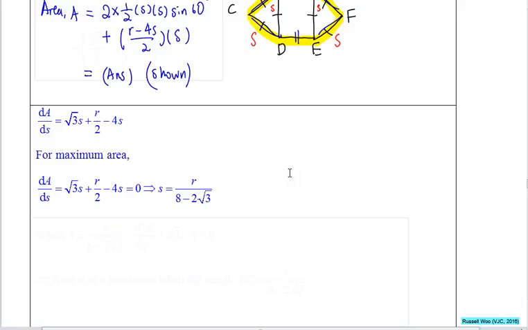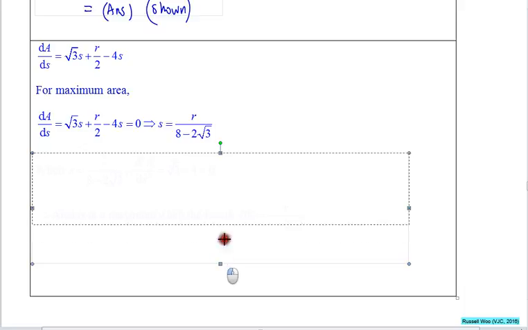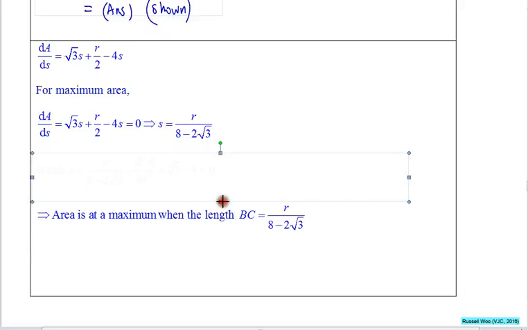Tempting thing to do is to immediately substitute and then get, oh, I know what's the maximum area, done. You will say this. What do you think is missing if I write this like that? What is missing? Your first or second derivative test.